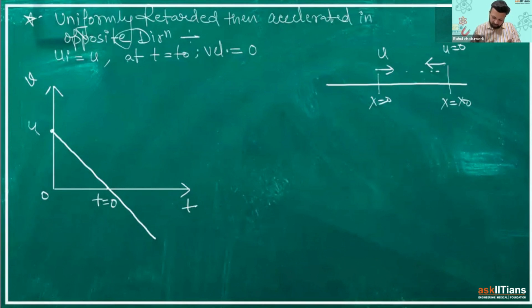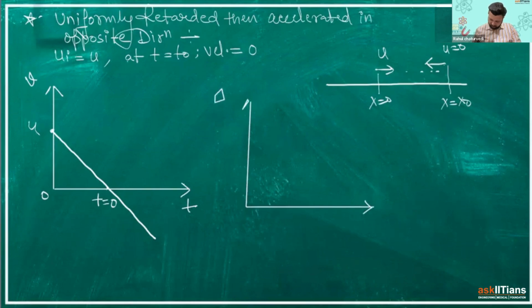And for the same case, if you want to draw the ST graph, so for the ST graph, again, at t is equal to t naught the velocity is having 0 value.